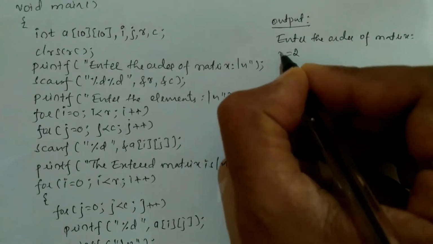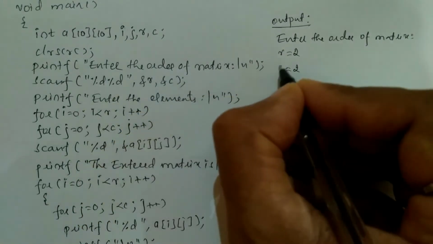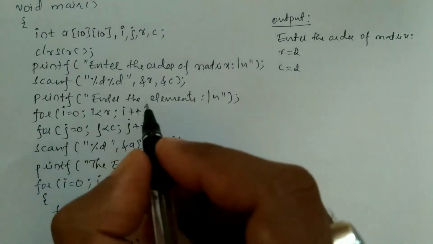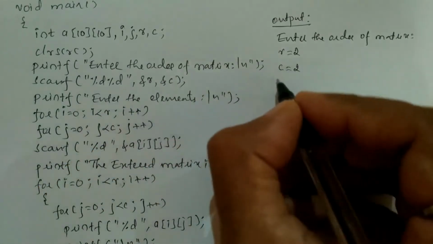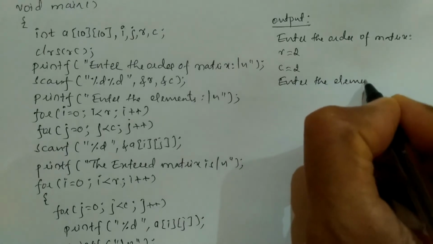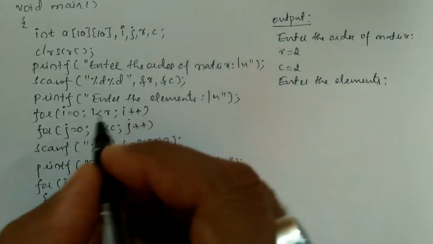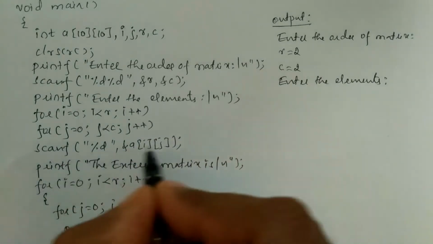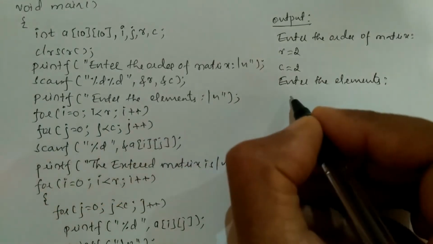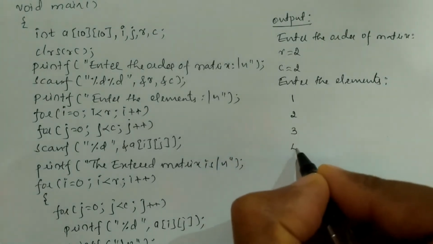So 2 is stored in the first variable R and the second 2 will be stored in the next variable C, that is column. Next it will ask the user to enter the elements. Because of this \n the cursor comes down to the next line and we will start inserting elements one after the other. For example I'm going to enter 1, 2, 3 and 4.